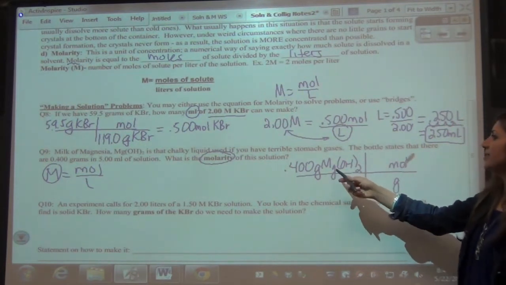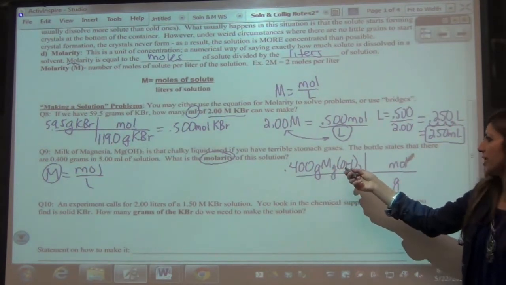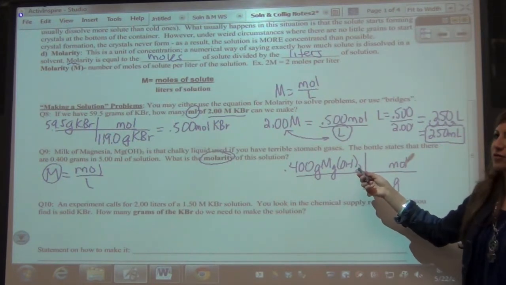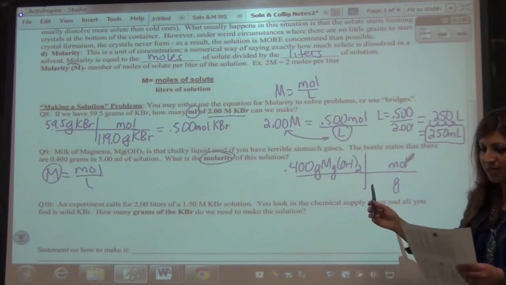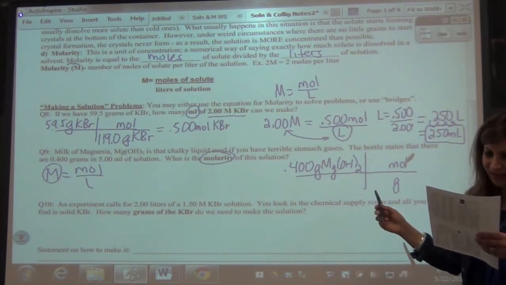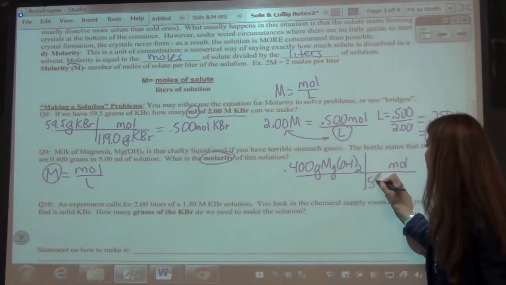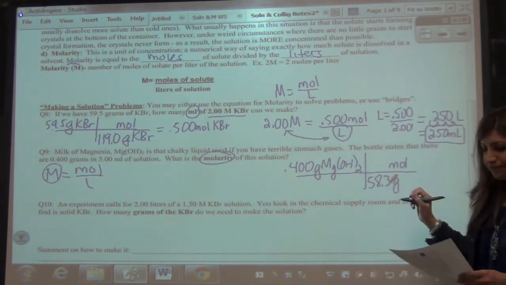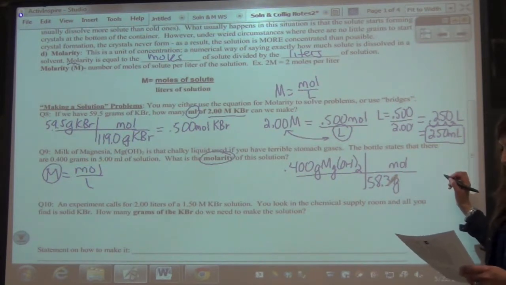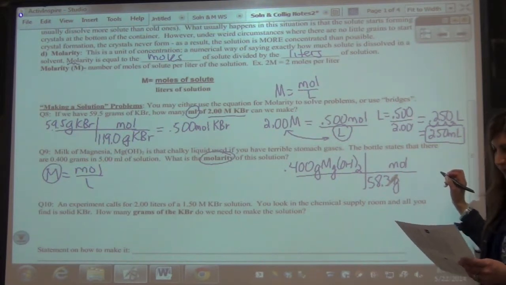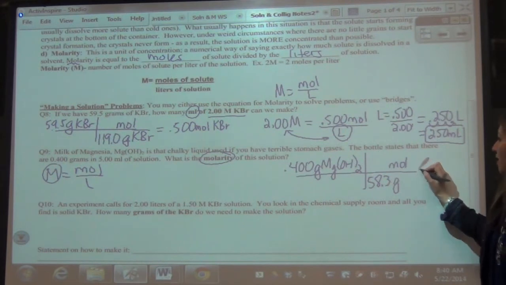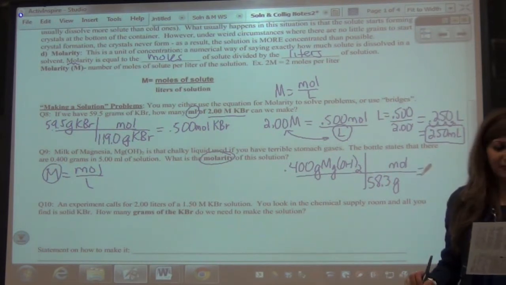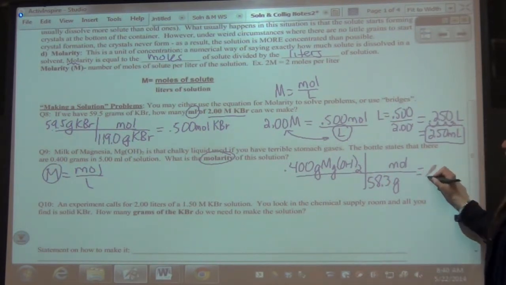So magnesium's 24.3, and each oxygen is 16.0, so that's 32, plus another 1 times 2 for the hydrogens, and that ends up giving us, I'll give you the exact answer, 58.3 grams per mole. Does that sound right? Yes, that's right.